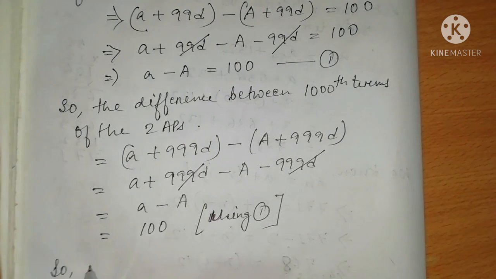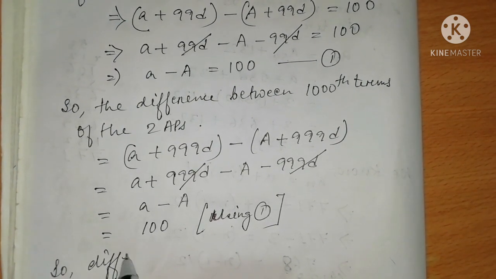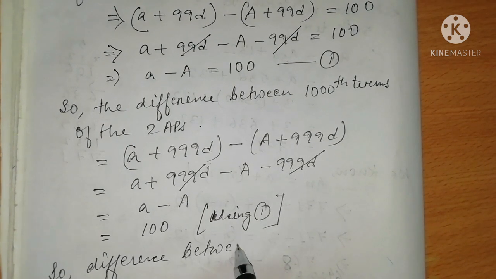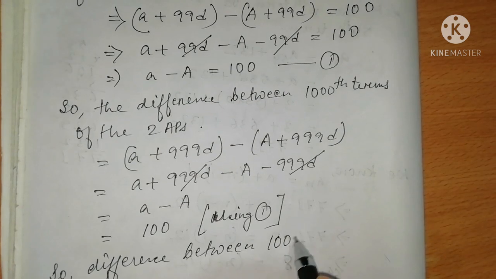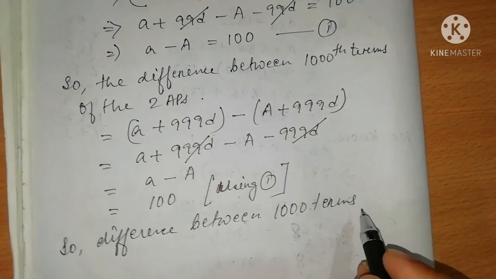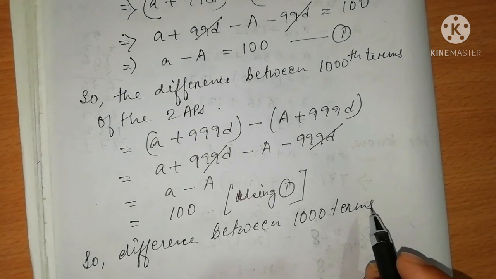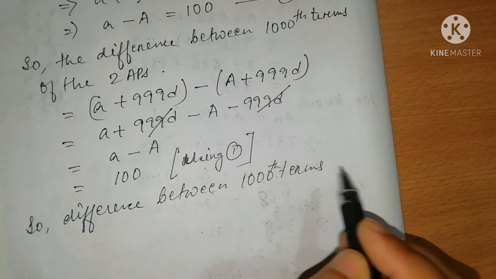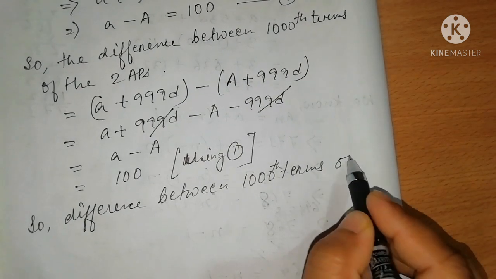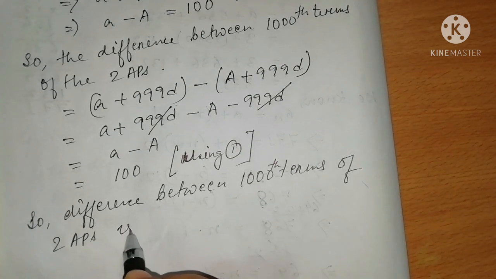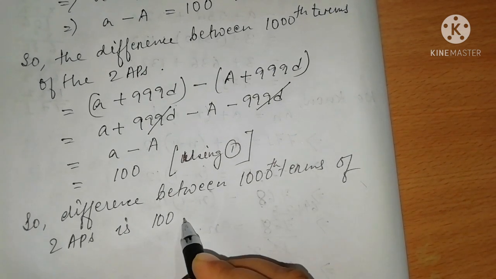So the difference between the 1000th terms of the two APs is 100.